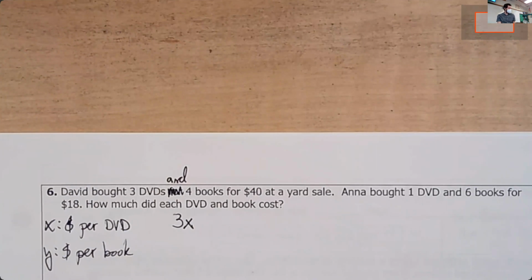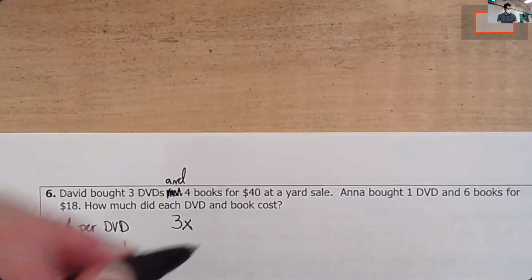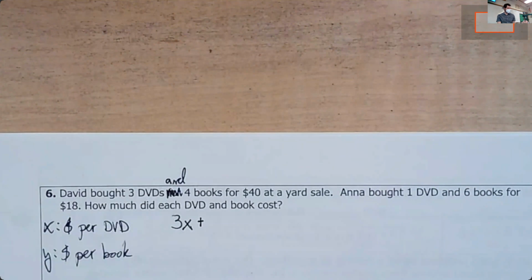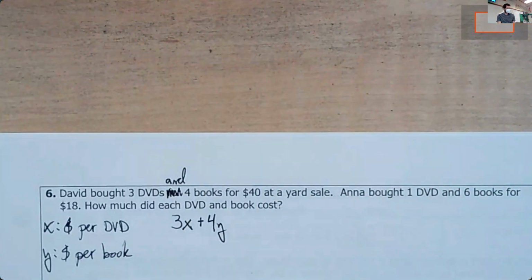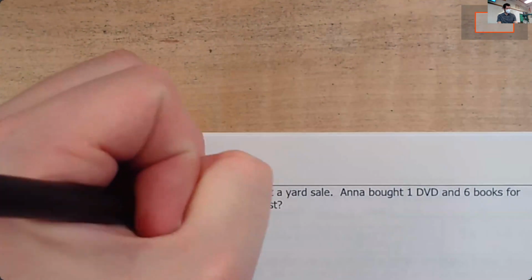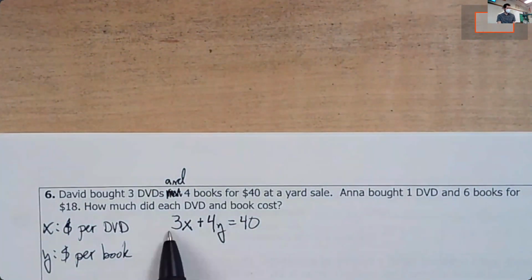So the and would mean what in our equation? Plus, good. And then 4 books, what would that look like? So 3X plus 4 books. So plus 4 what? 4Y, yep. The cost was $40, so equals 40. So 3 DVDs and 4 books cost $40.